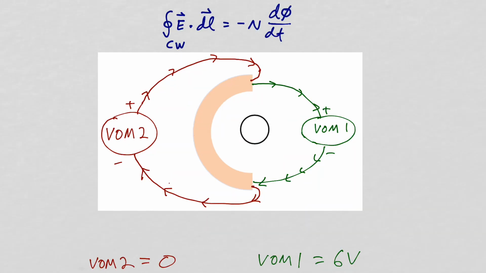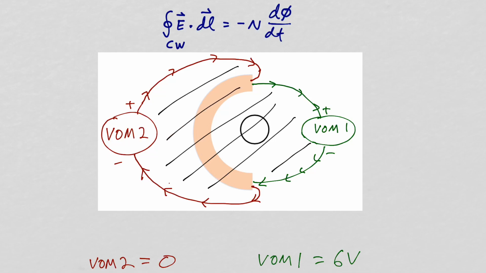One final thought. What if we took the path through the 2 upper leads, through the voltmeter on the right, through the 2 lower leads, and finally through the voltmeter on the left? So now the surface enclosed by our path of integration is this region, and the electromotive force through that region is 6 volts.